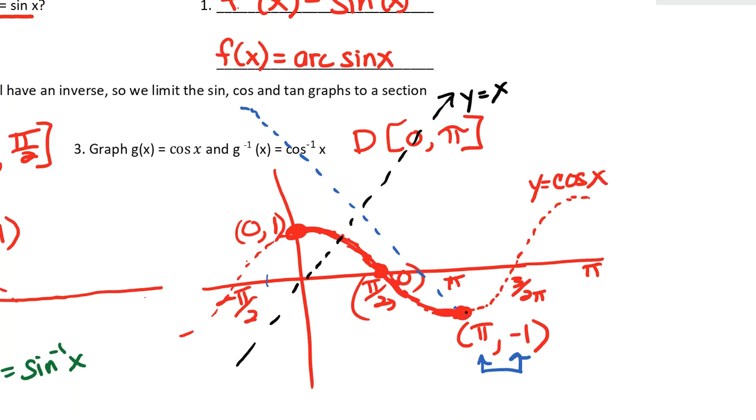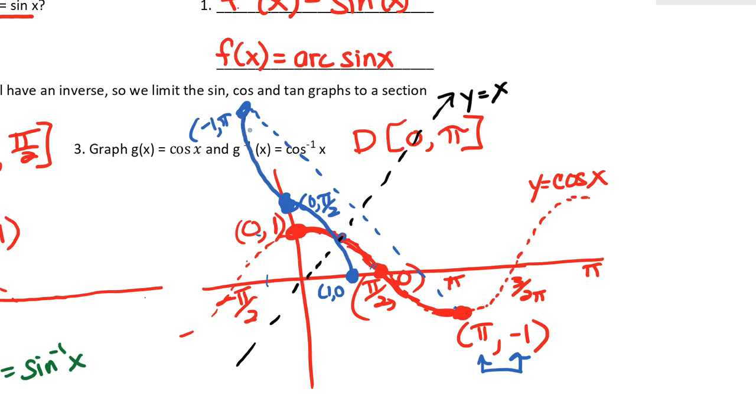So this point is at negative 1, pi, writing it backwards. And this point that was at pi over 2, 0 is now going to be at 0, pi over 2. So it is going to fold across the reflection line. And this point that was at 0, 1 is now going to be here at 1, 0.